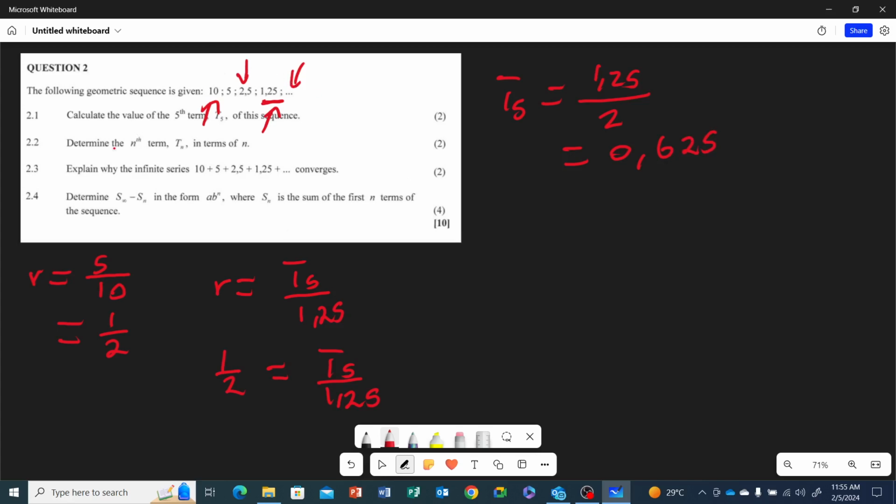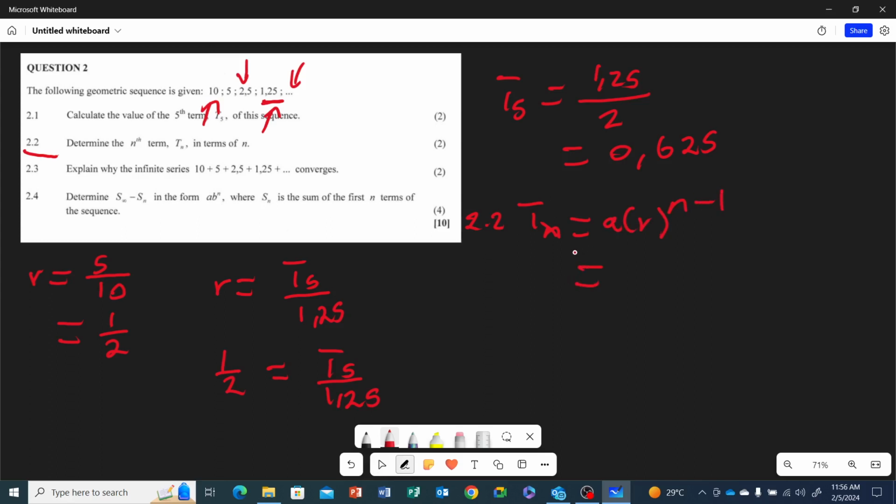Now, the follow-up question, which is question 2.2, says determine the nth term. When they want the nth term, they basically want the equation. So the nth term will be given by Tn, which is equal to, remember, A into R to the power n minus 1.